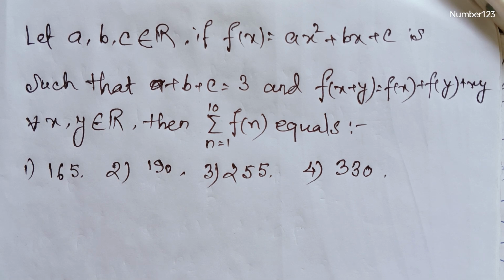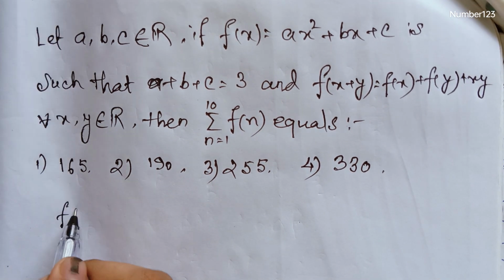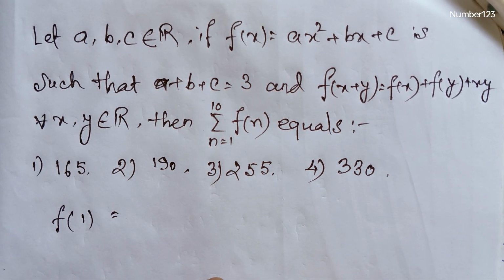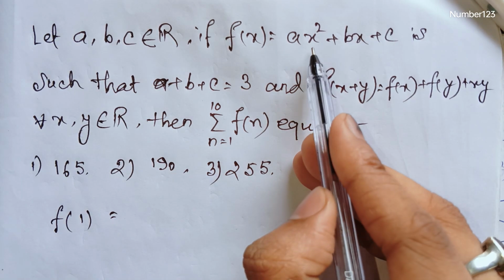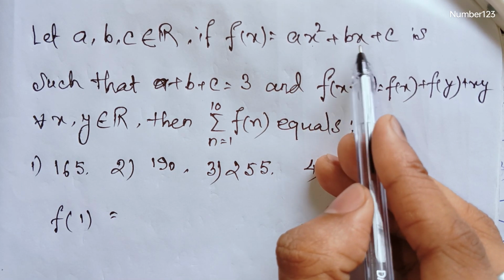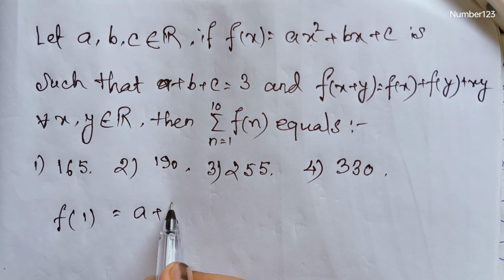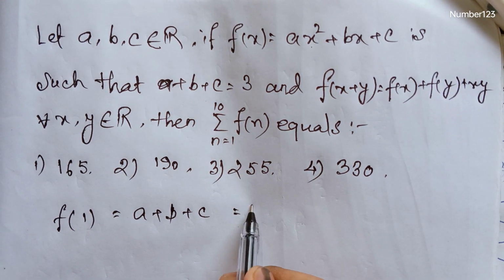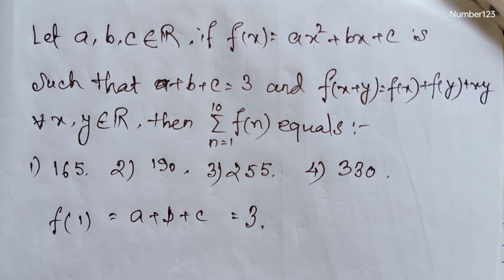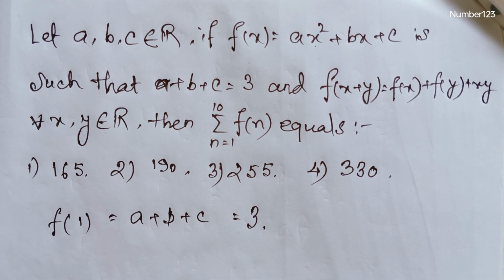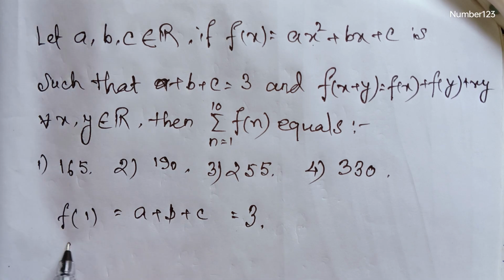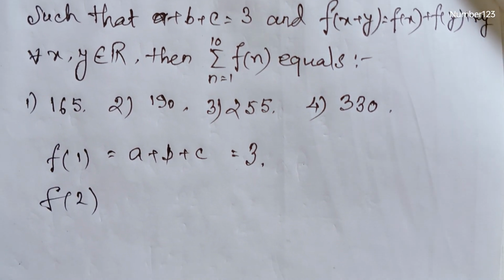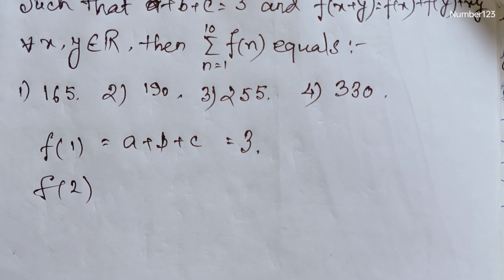First, if we put the value x equal to 1, then we get f(1) = a + b + c, and in this question it is given that a + b + c equal to 3. Next we need to find the value of f(2). So what is the value of f(2)?